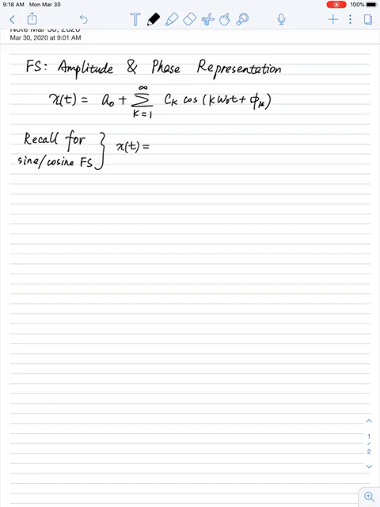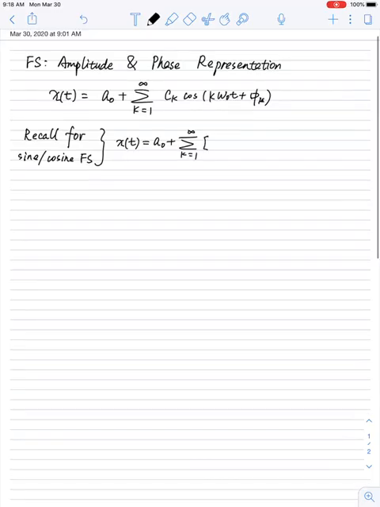In this representation, x(t) is written as a0 plus the infinite sum from k equal to 1 to infinity with the summand ak cosine k omega 0 t plus bk sine k omega 0 t. The coefficients of these two representations are tightly related to each other, and actually, these two representations are equivalent to each other.